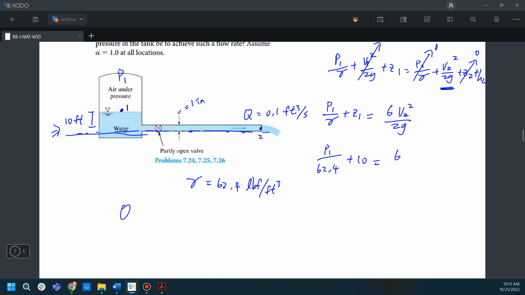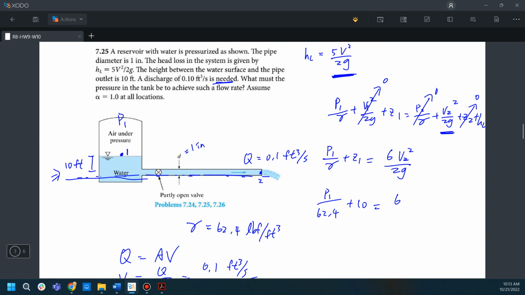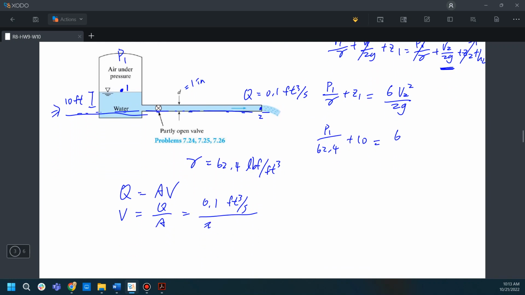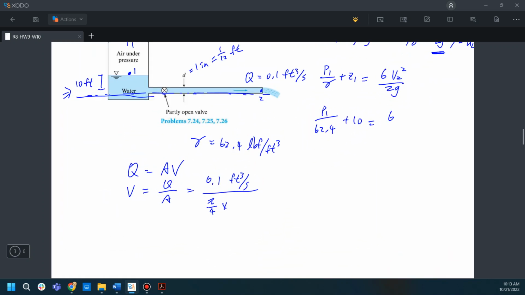Again, the same equation: Q equals A times V. So V is Q divided by A, and Q is already given, that's 0.1 cubic feet per second, divided by the cross-section area, that's pi over 4 times the diameter, which is 1 inch, and 1 inch is 1 over 12 feet, so times (1 over 12 feet) squared.